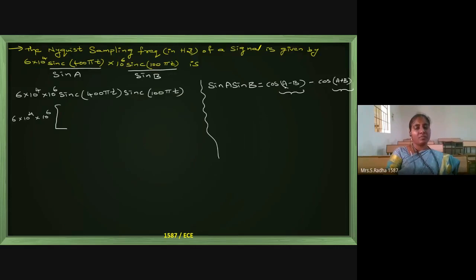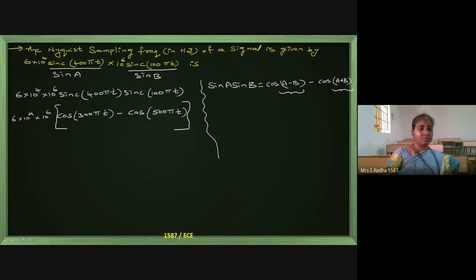We will surely know that one term with A minus B and another term with A plus B is going to exist. So one time I will subtract, 400 minus 100 will become 300 pi t, and then minus, another time I will add, 400 plus 100 will become 500 pi t. So now we have two terms.